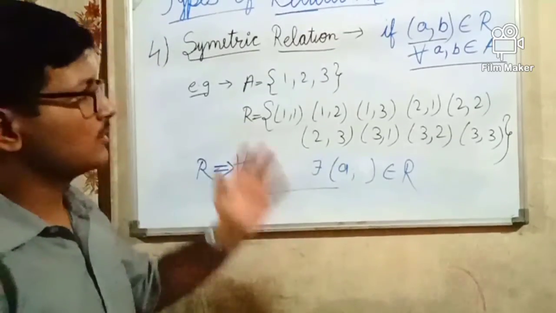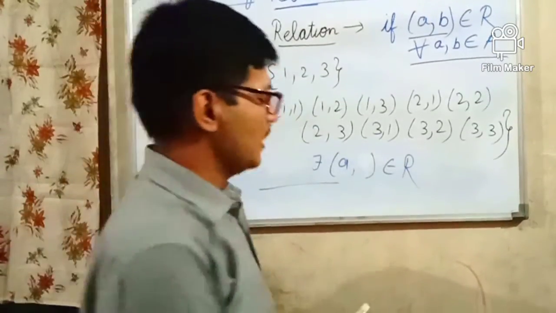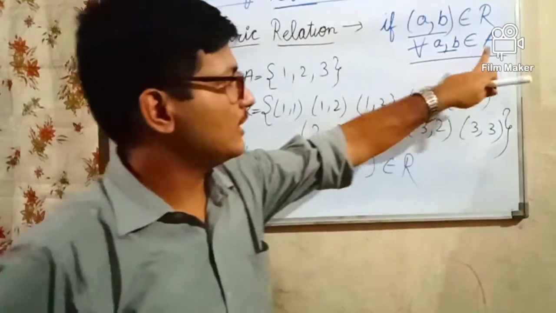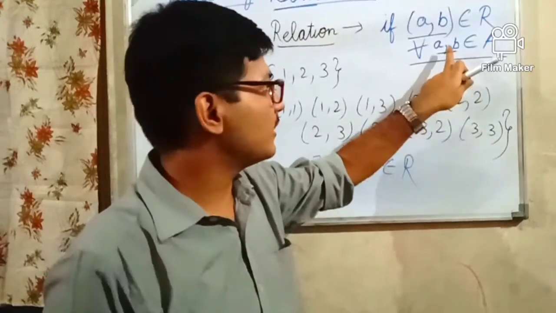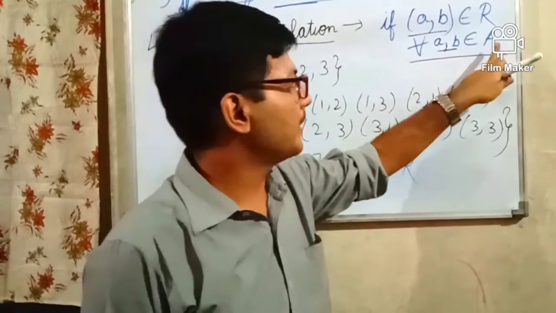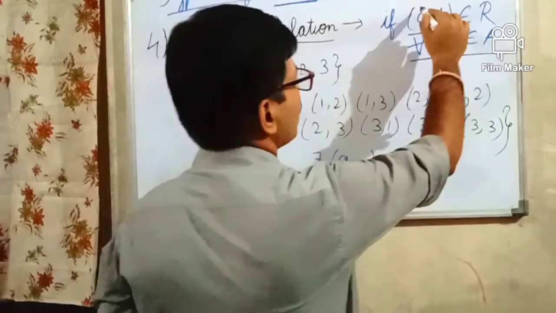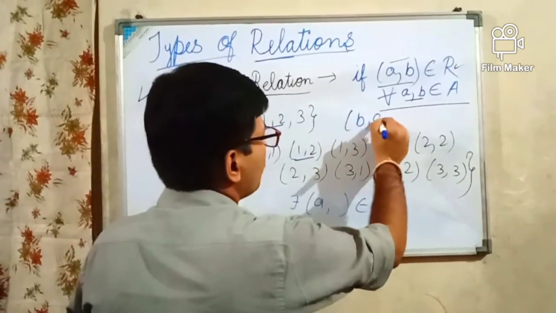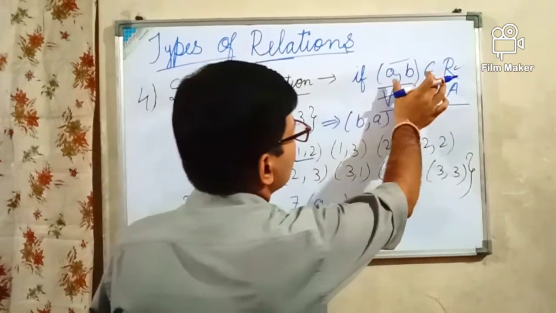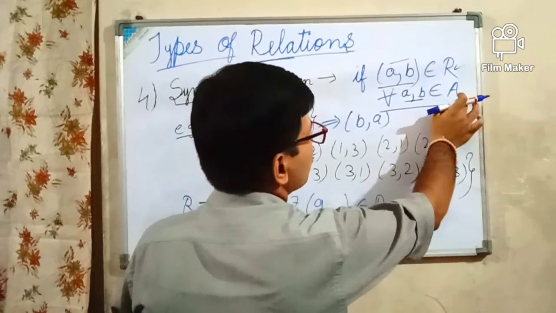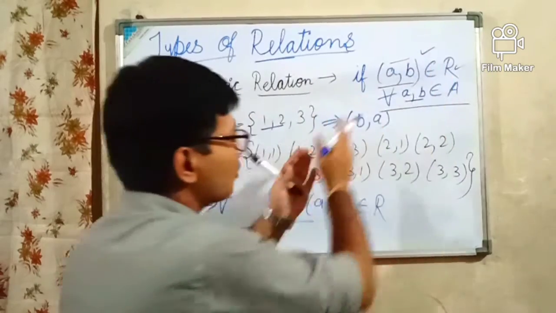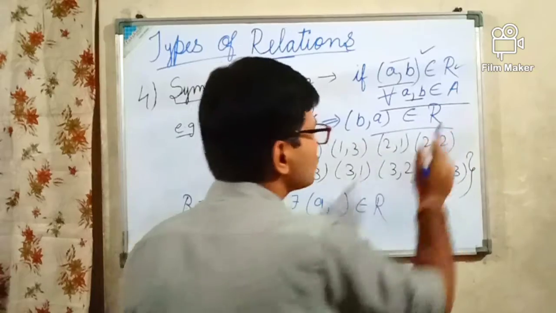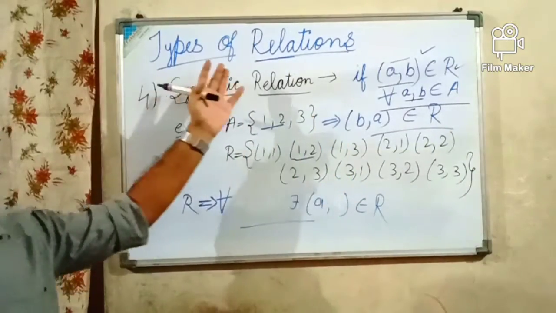A relation on set A is said to be symmetric if for every a, b belonging to set A, we here take two elements a and b that belong to A, if the ordered pair (a, b) belongs to R, then (b, a) should also belong to this R, then the relation is said to be symmetric.